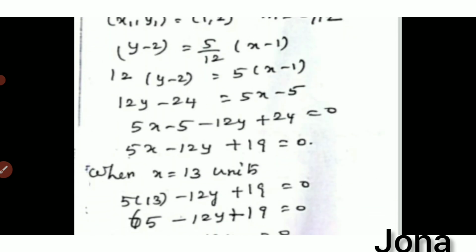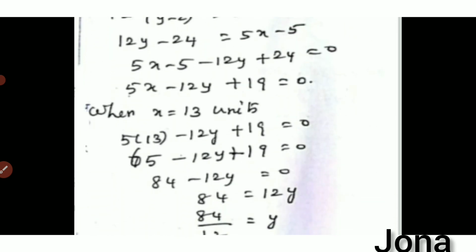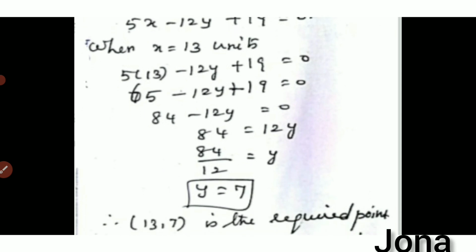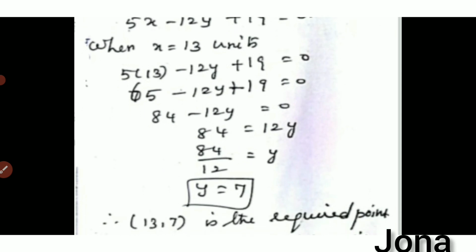So this is the straight line, and here they ask for the points 13 units away from A. So put x equal to 13. So now we have 5 of 13 minus 12y plus 19 equal to 0. If you multiply 5 and 13, that is 65 minus 12y plus 19 equal to 0.